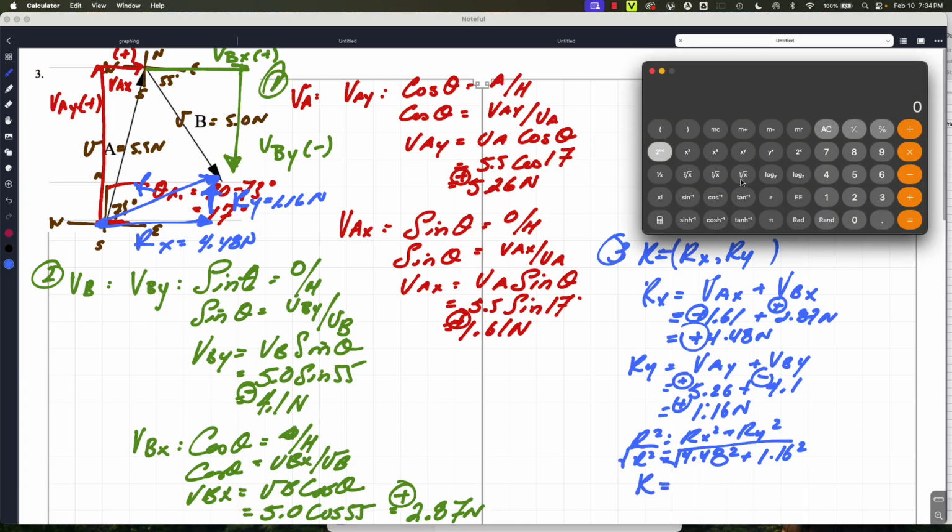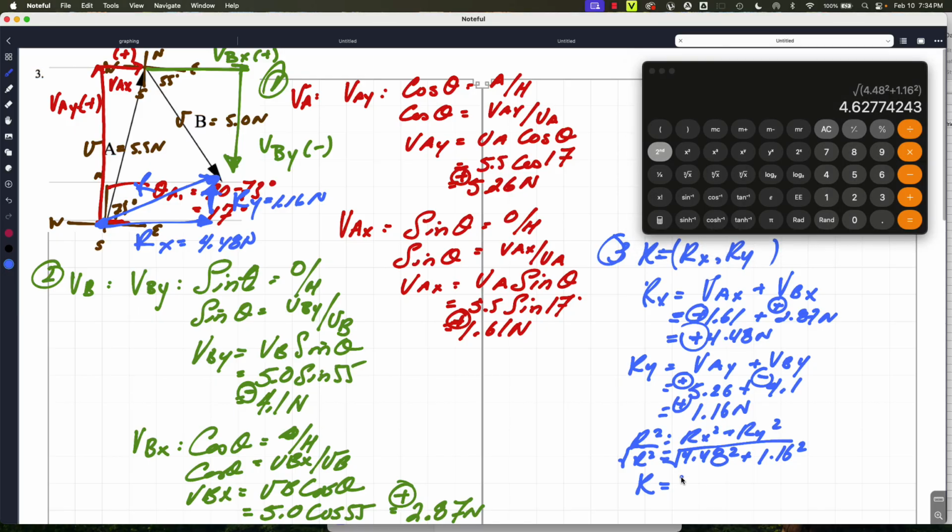We're going to take the square root of 4.48 squared plus 1.16 squared. And let's see what happens. And we get R resultant magnitude is 6.3 newtons.